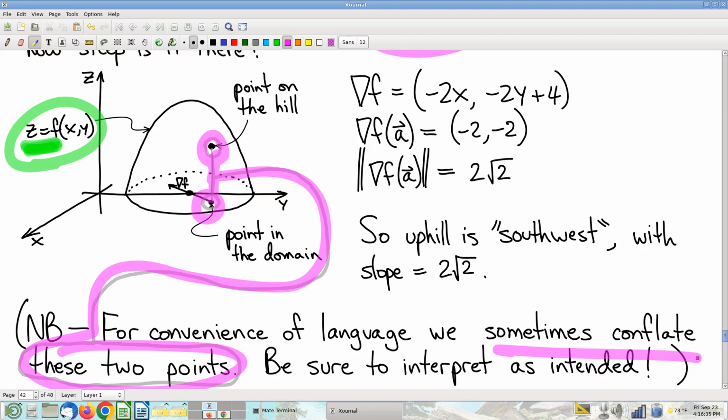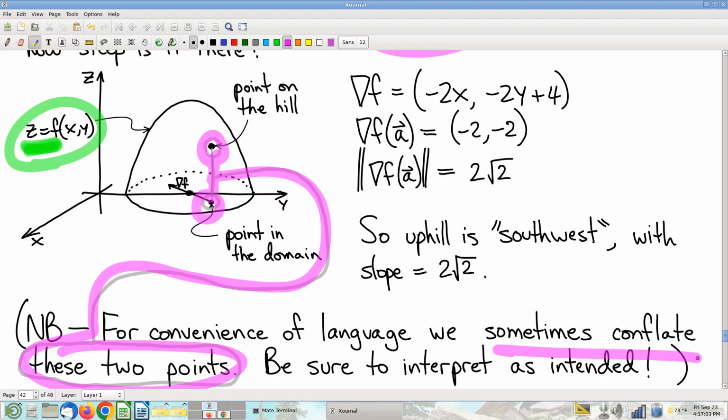If you were to describe your location to somebody, and you were to say, oh yeah, I'm at latitude such and such, longitude such and such, they're going to assume that you are on the surface of the earth, right? They're not going to say, so you're at sea level, but Duke University is 300 feet above, so you're buried 300 feet. No, of course not. They're going to assume you're on the graph of the altitude function.